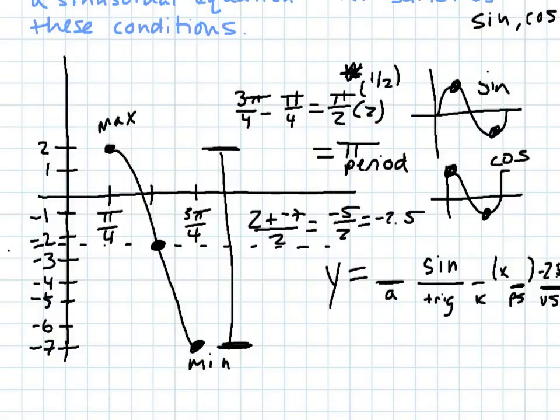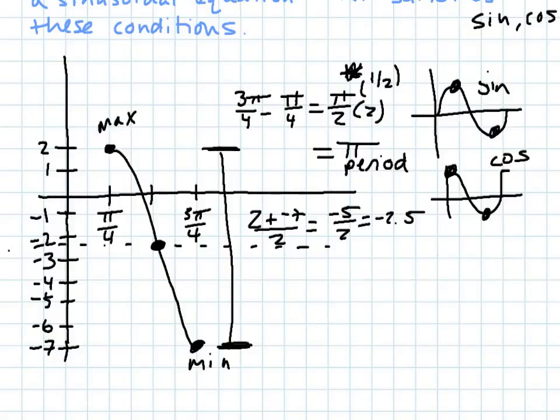How about I erase this again and make it easier to see. So we've chosen sine x and then minus 2.5. Now I know my vertical shift, which is down 2.5.